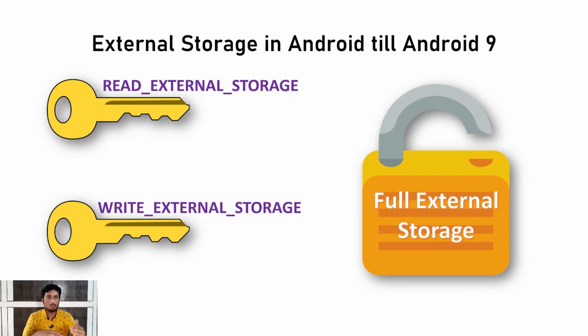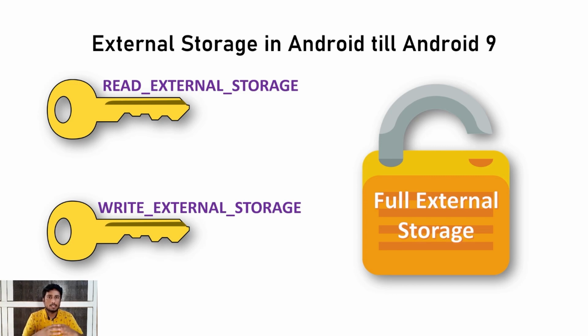We have to ask the user for these permissions at runtime, and if the user allows, then our app can access the whole shared storage. But this might create a security threat for our application, because some malicious app might take this permission and then misuse our files.